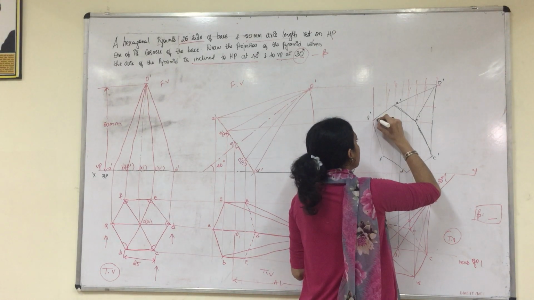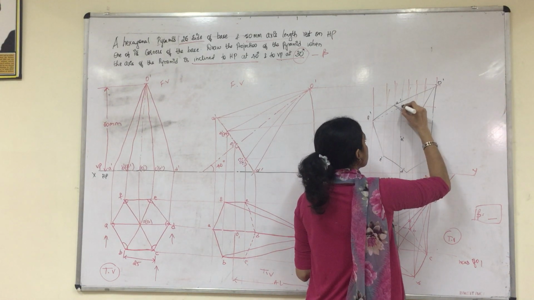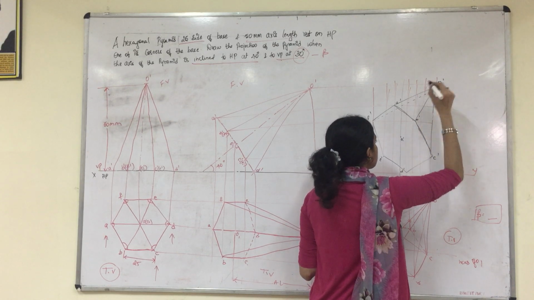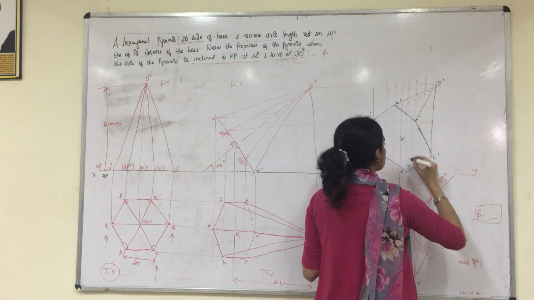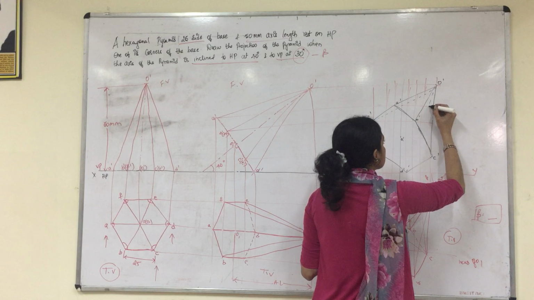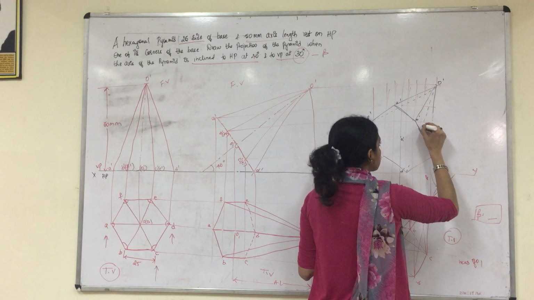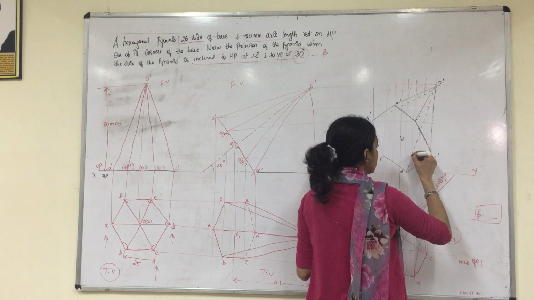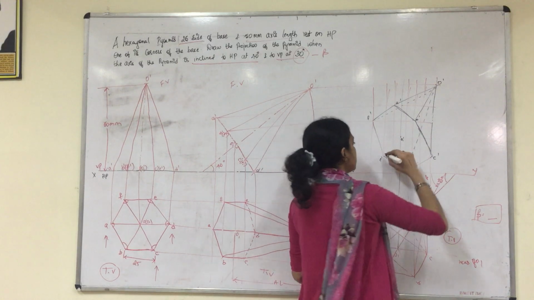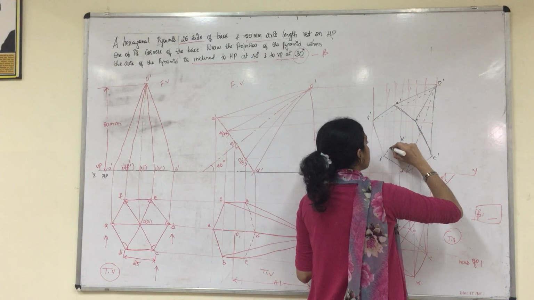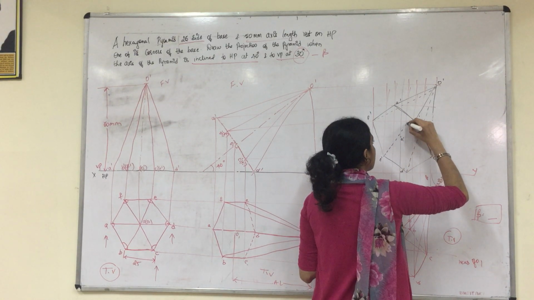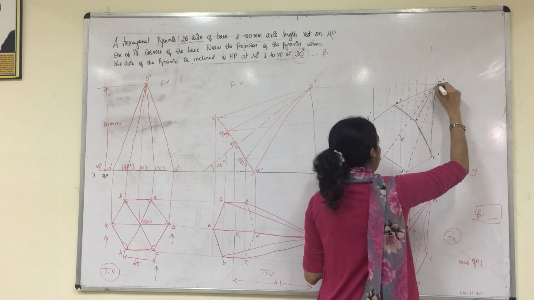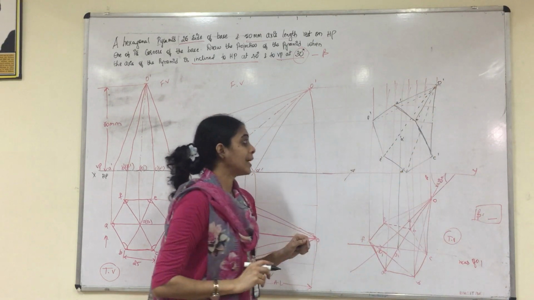So you show F dash to O dash, D dash to O dash, and E dash to O dash as hidden lines.